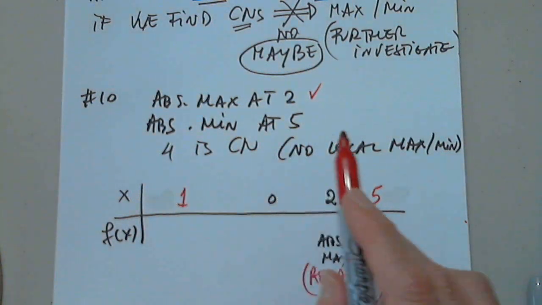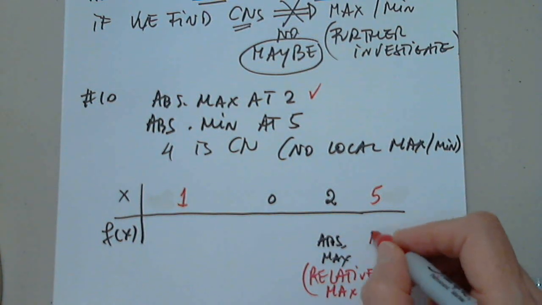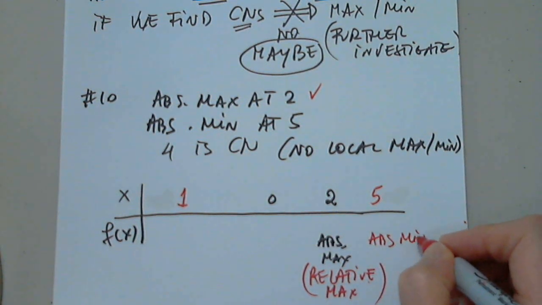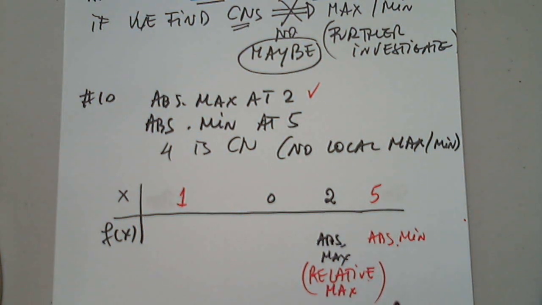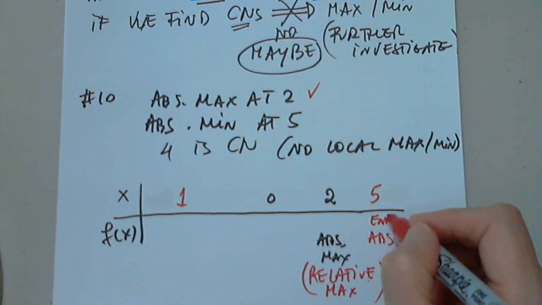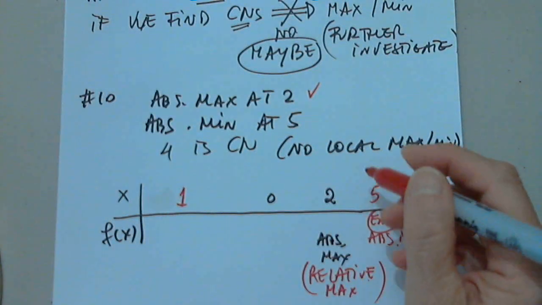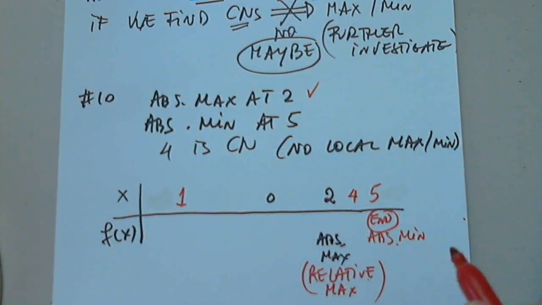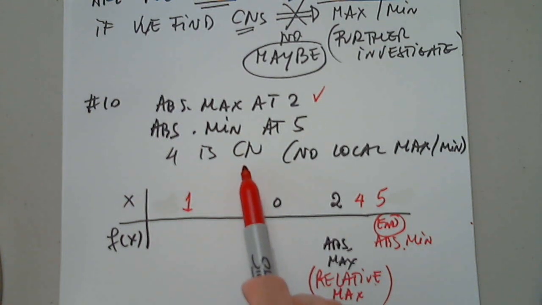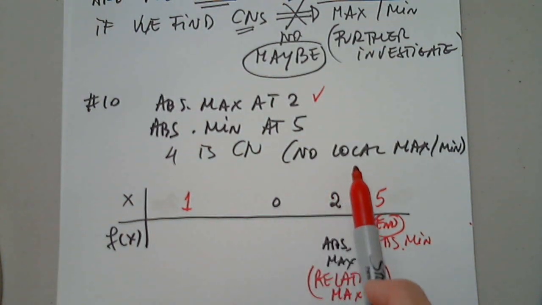The absolute minimum at 5 cannot be a relative because this is the endpoint. And now at 4, they squeezed in here 4. Okay, fine. 4 is a critical number, but it's not a local max or a local min.